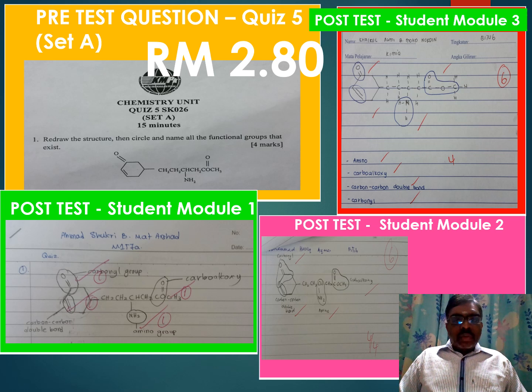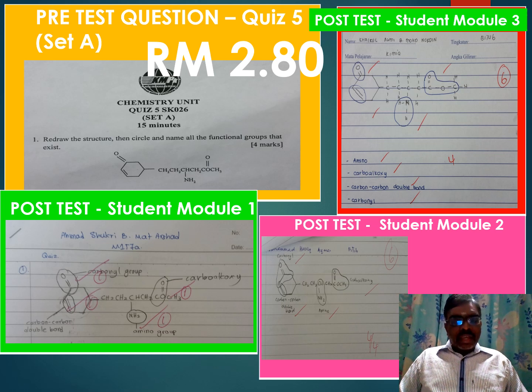Here we can clearly see that the post-test results increased. Most students obtained full marks and answered all the questions correctly, where all the students could circle and name the functional group present in the question correctly.